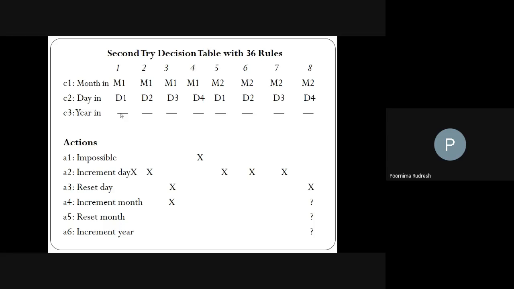So as I said, we are going to define six actions or six outputs based on the value of month, day and year. So the first one is impossible, the second one is increment the day, reset the day, or increment the month, reset the month, or increment the year.